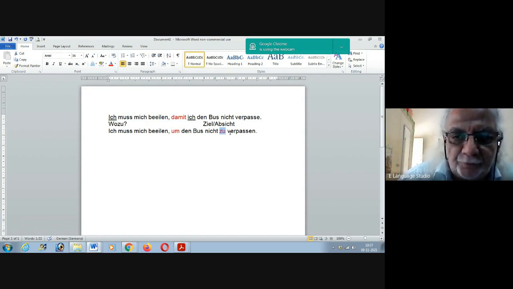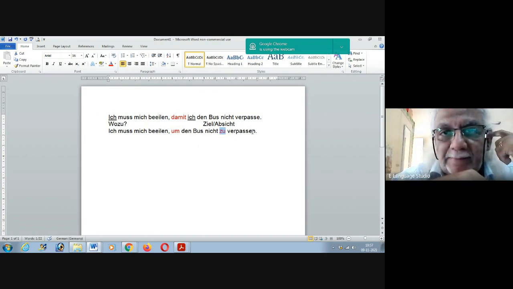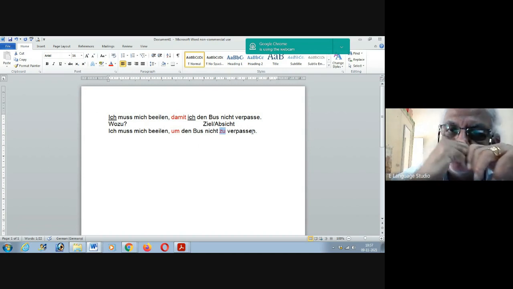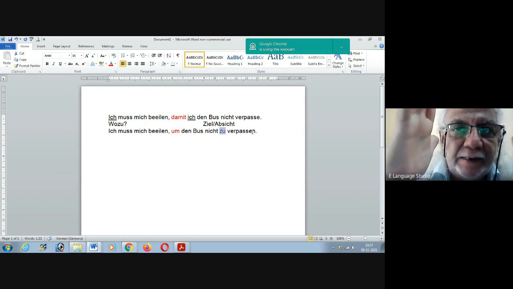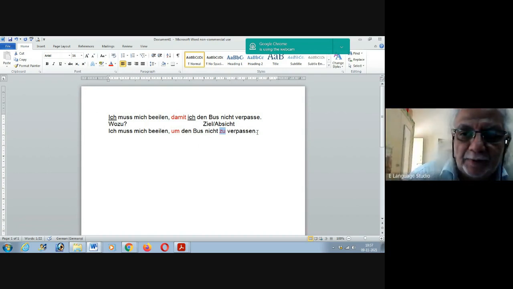It's the same. The um zu version is even more confusing. But they call this um zu sentence a shorter version of damit, which is not always true. So there is a purpose behind this. What is the objective? What is the intention?